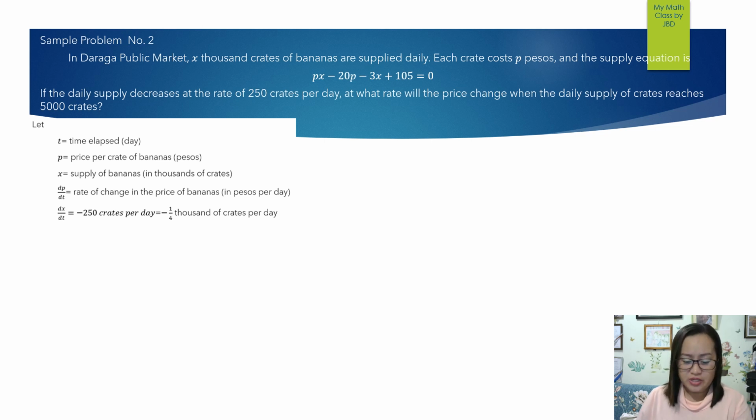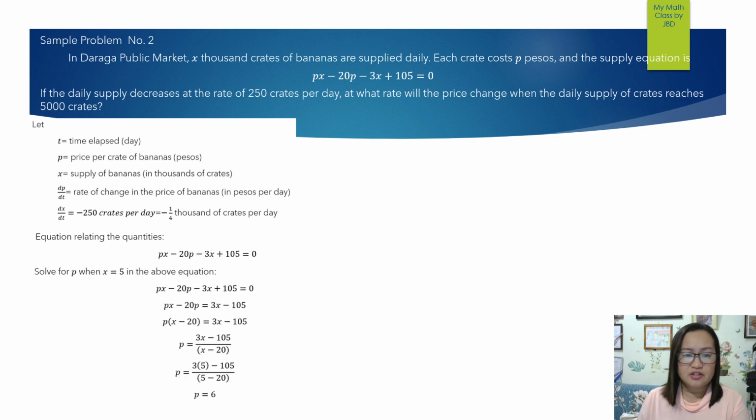And then we use the given equation as an equation relating the quantities. So with this, we solve for P when x is equal to 5. Substituting the value of x in the given equation, we would be able to get P equals 6.